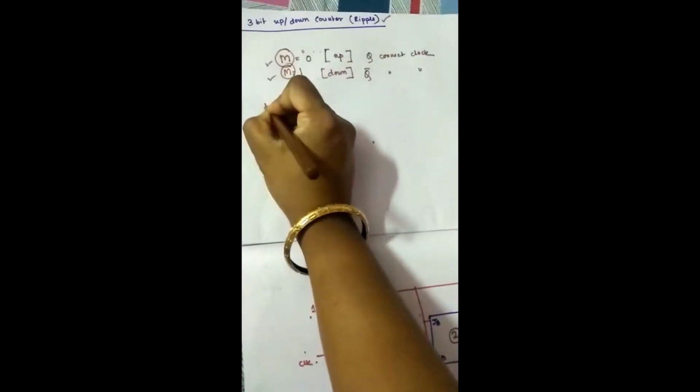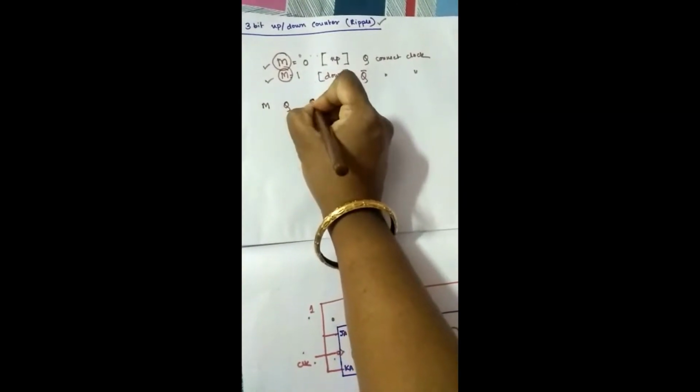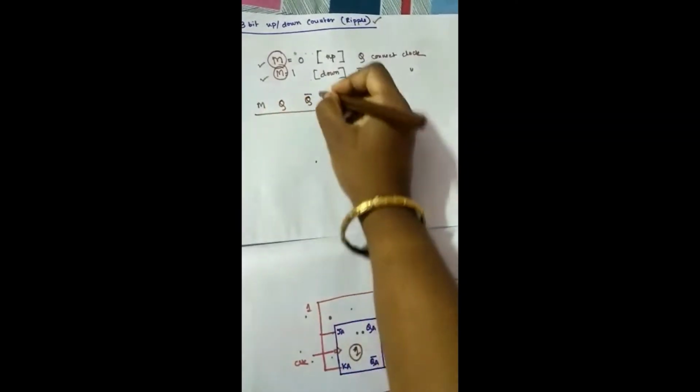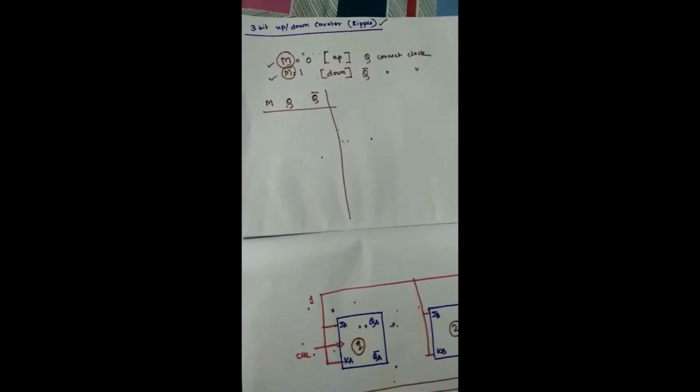M is one input, Q is another input, and Q bar is another input, right? Because Q is the output of the previous flip-flop, and Q bar is also the output of the previous flip-flop, right?